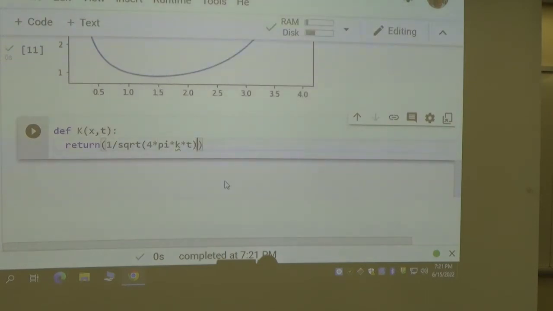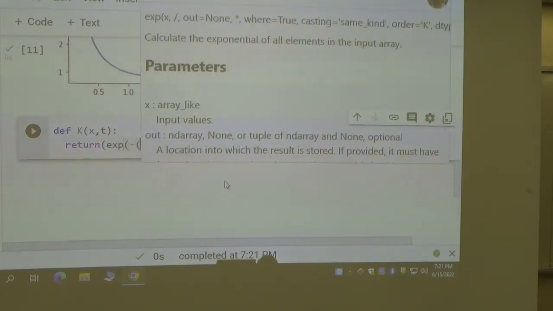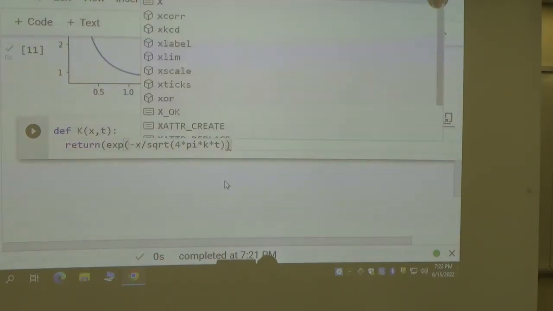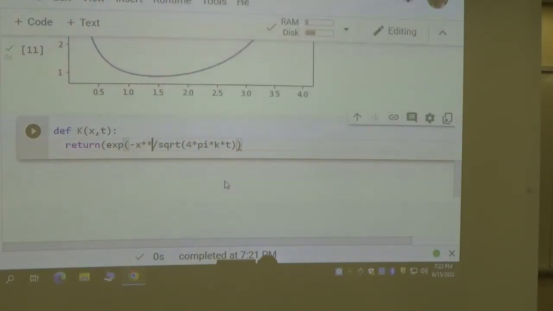And then you multiply that by exponential function of what? Negative x minus y squared. Like x minus y squared. Okay, so we'll just choose the x squared because then we can just see it. Oh, but isn't there over 4t?